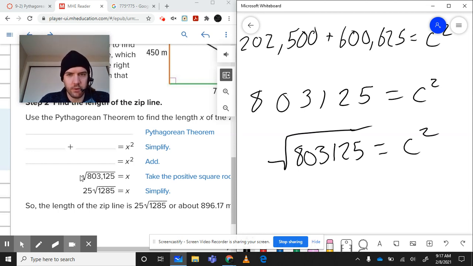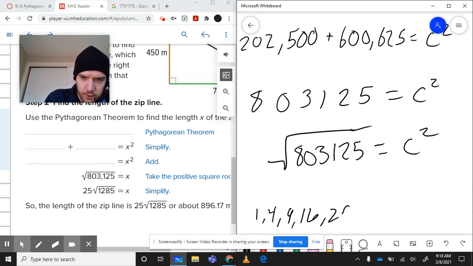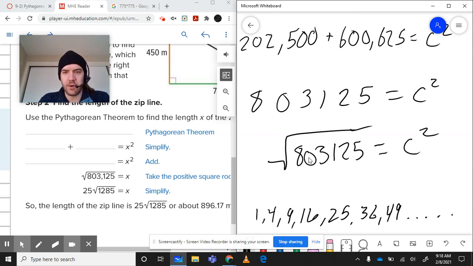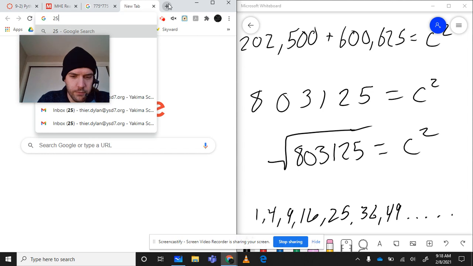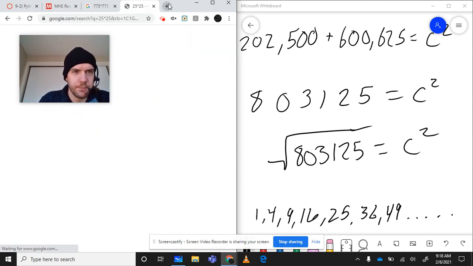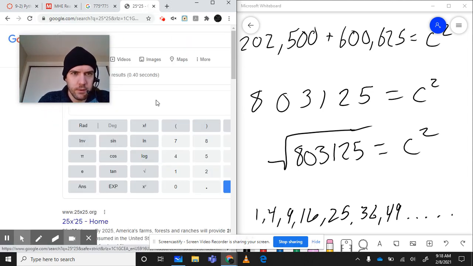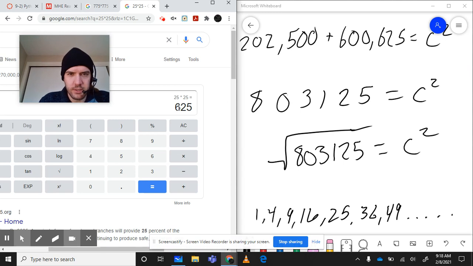Basically, you'd have to go through and think of all your perfect squares: 1, 4, 9, 16, 25, 36, 49, and so on and so forth. And you'd basically have to try to divide this by each of these numbers. Okay, and if it came out to be a whole number, then you'd be in good shape. Now, the number that they're saying that it divides by evenly is 25 squared, which is 625.